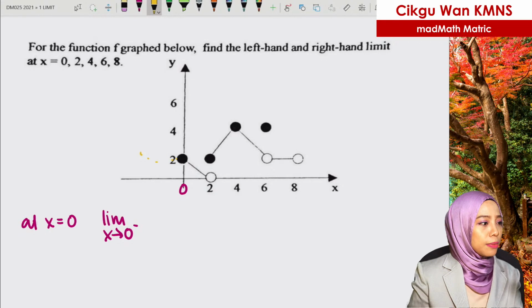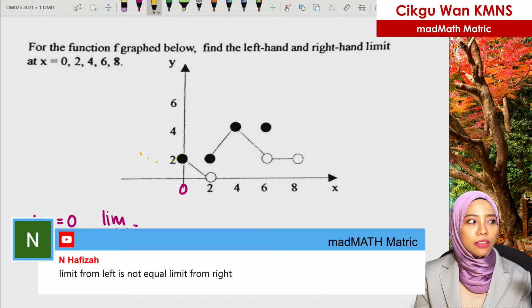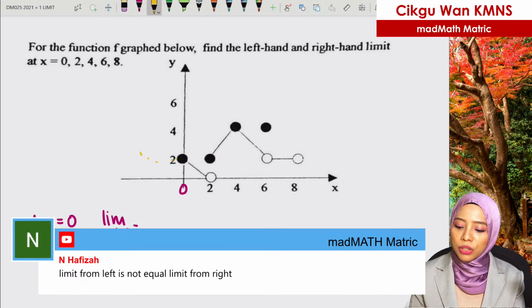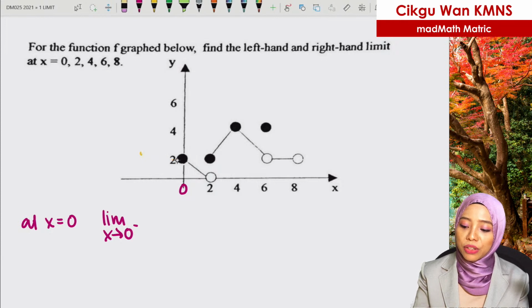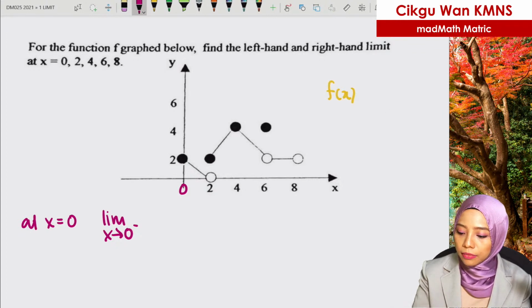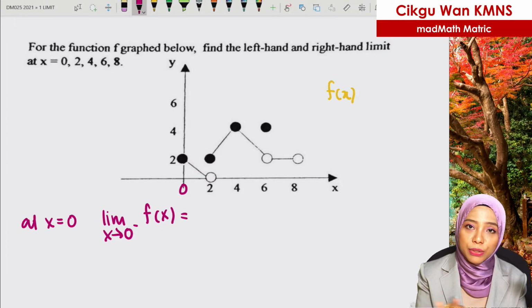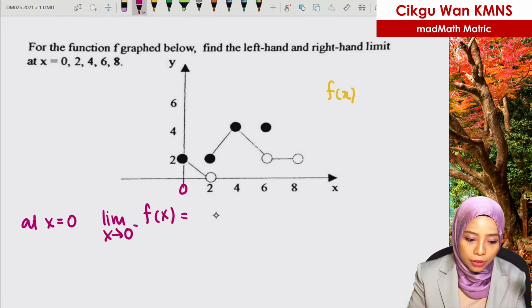Is there any value when x approaches 0 from the left? No, there's no graph here. So if there is no graph, let's say this function, we call it f(x). Since there is no graph, the limit does not exist, since it is undefined. So, we write down.